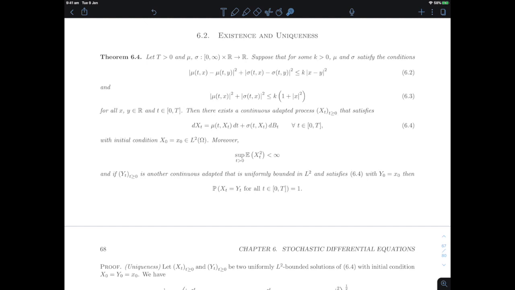And what do I mean by basically has to be? I mean that the probability that X(t) is equal to Y(t) is 1. So the two processes are almost surely equal at every point of time t. Right, so that's our existence and uniqueness theorem, and the proof is going to be divided into two steps. In this video, we're going to prove uniqueness.